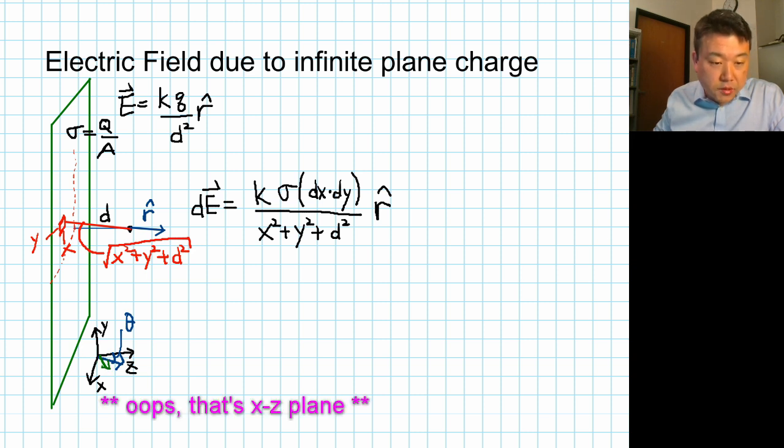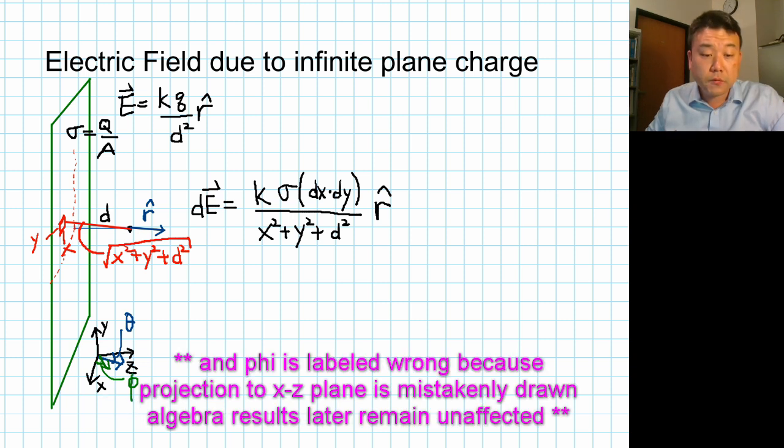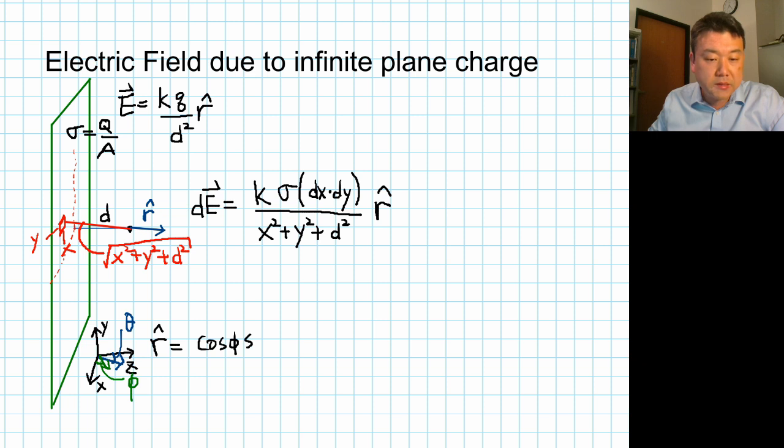Then the angle with respect to the x-axis, that'll be phi. So when you write out the r hat vector with these parameters in mind, then the r hat vector is equal to cosine of phi times sine of theta x hat plus sine of phi times sine of theta y hat plus cosine theta z hat.